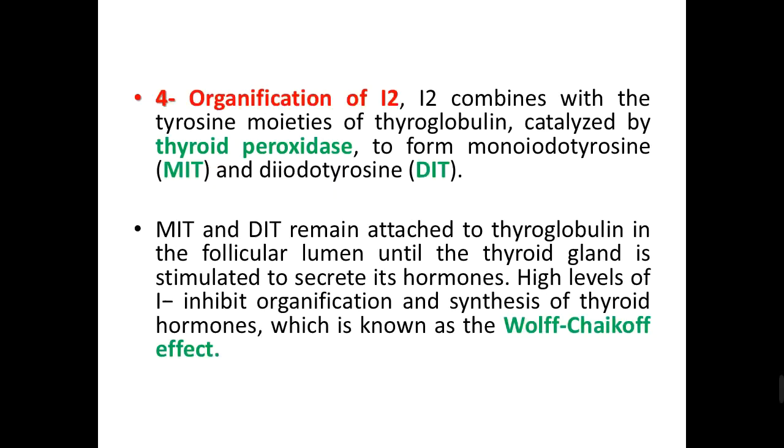A fourth step required for formation of thyroid hormone is organification of iodide. When iodide is combined with the tyrosine moieties of the thyroglobulin, catalyzed by the thyroid peroxidase, it forms monoiodotyrosine and diiodotyrosine.